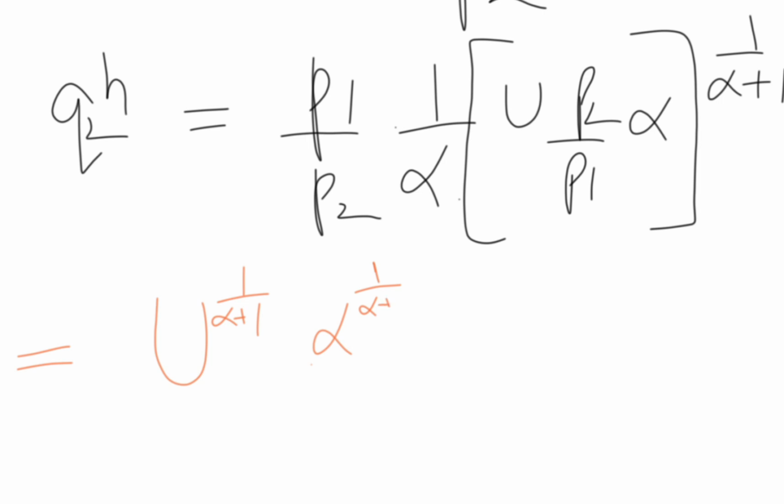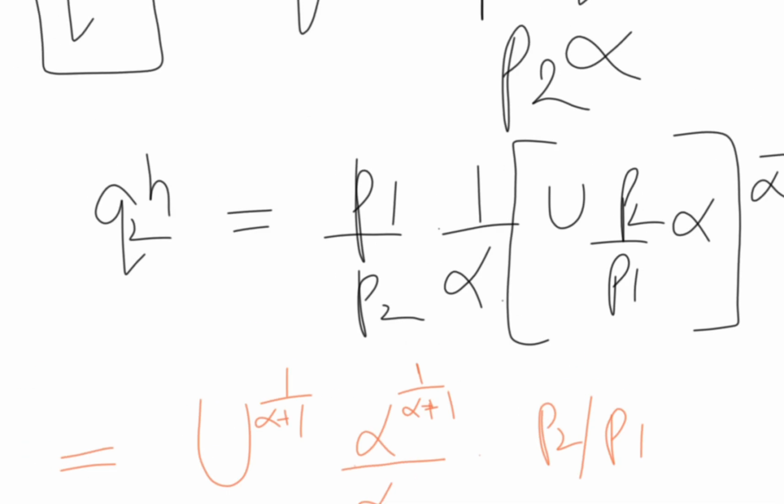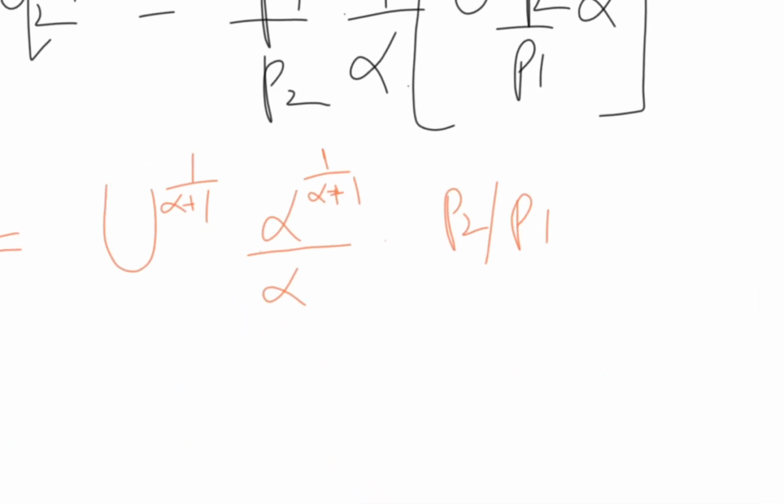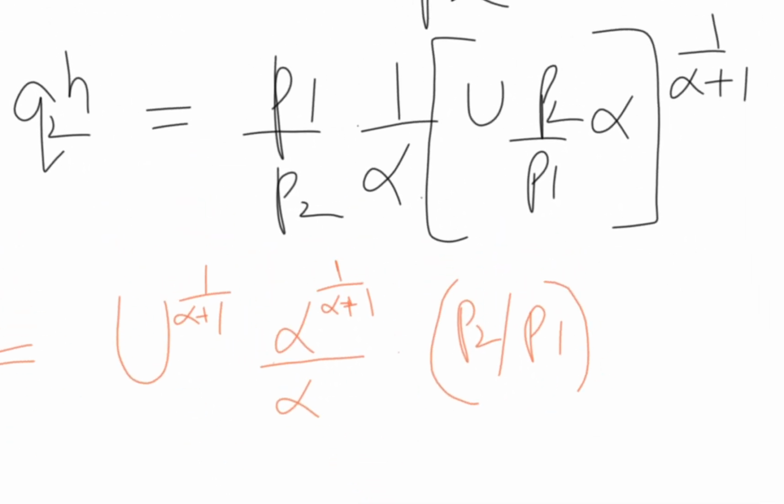Alpha is raised to power 1 upon alpha plus 1 and it is also divided by alpha. Similarly, P2 upon P1 is raised to the power of 1 upon alpha plus 1 and we also have P2 upon P1 here, but it will come in the denominator.